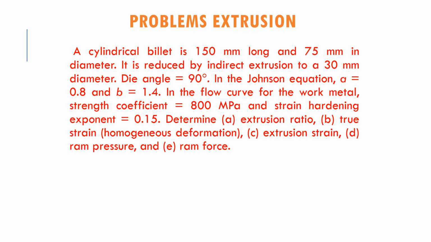In the flow curve for the work material, the strength coefficient equals 800 MPa, and the strain hardening exponent is 0.15. What you have to determine is (a) extrusion ratio, (b) true strain with homogeneous deformation, (c) extrusion strain, (d) ram pressure, and (e) ram force. So you have 5 questions to solve.